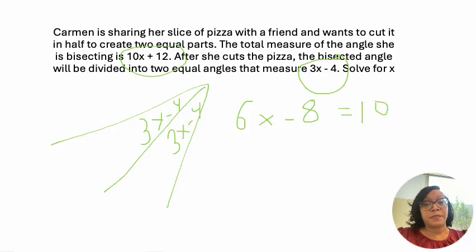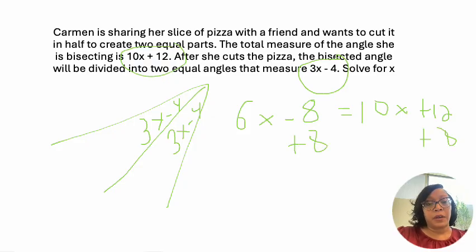So I've got 10x plus 12. And then I'm just going to combine my like terms by moving across the equal sign. The first thing I'm going to do is add 8 to both sides. That gives me 6x equals 10x plus 20.